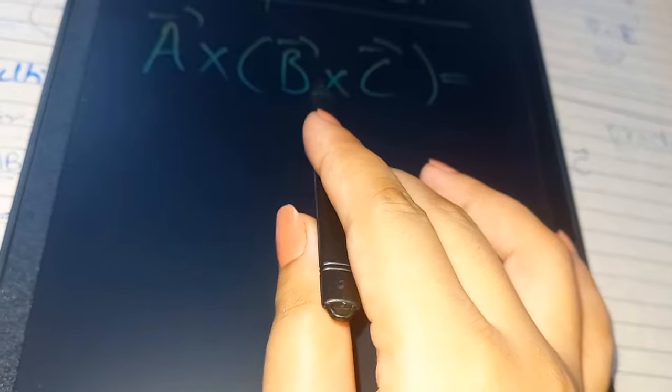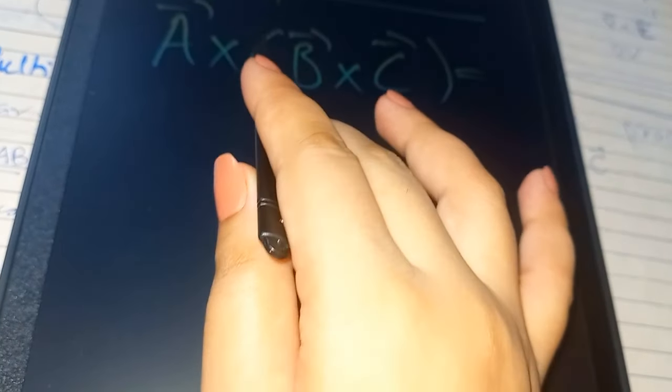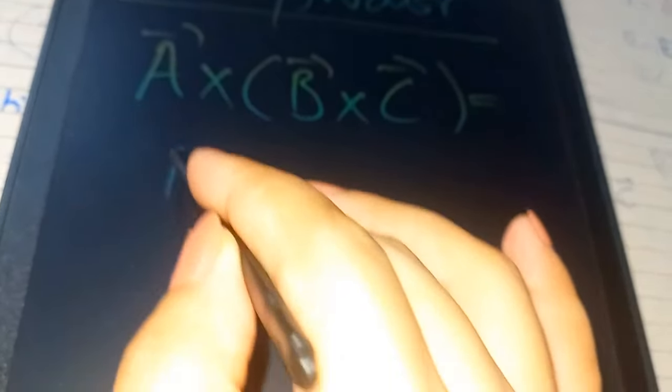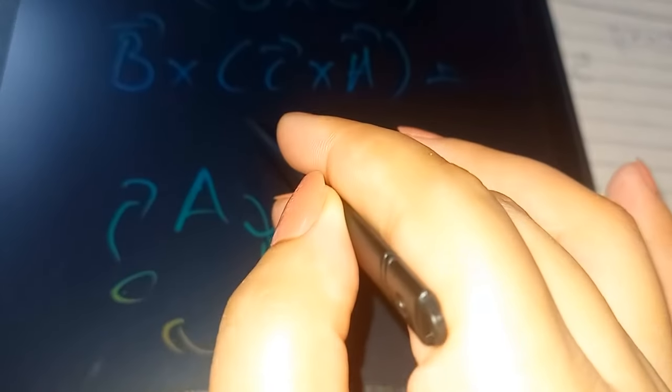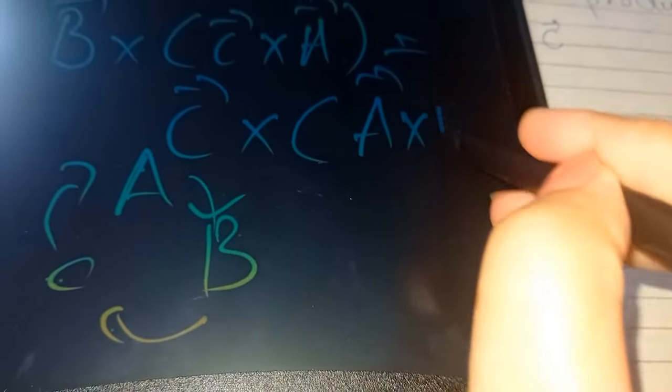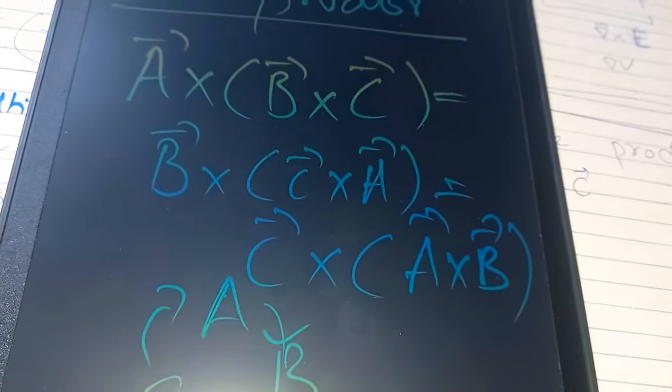Now if I want to change the position of these vectors, then the same rule applies. If I want to write B first, then we'll have C cross A here. That would be equal to, if I have C first, then A cross B, then these are all equal to each other.